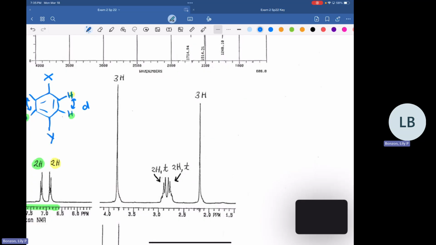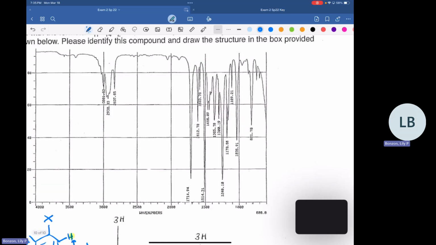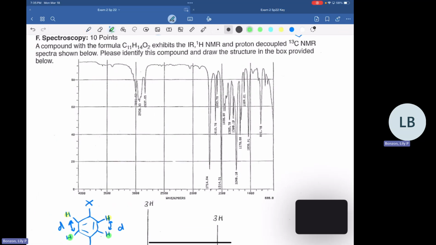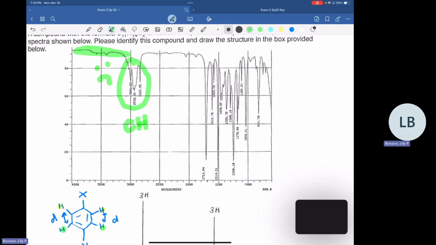Okay, so then we've got our other peaks. Oh, sorry, let me go back to the IR real quick. Okay. All right, so we don't have anything in our alcohol region, unfortunately. There's no alcohols in here. This region is just going to be our CH stretches. It's not going to tell us too much. But remember your 1600 to 1800-ish region for your double bonds.